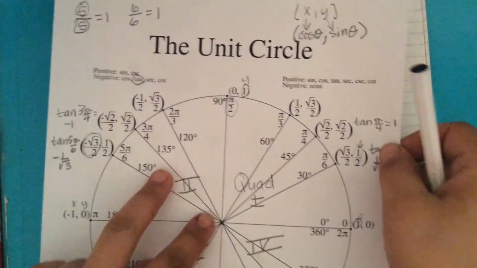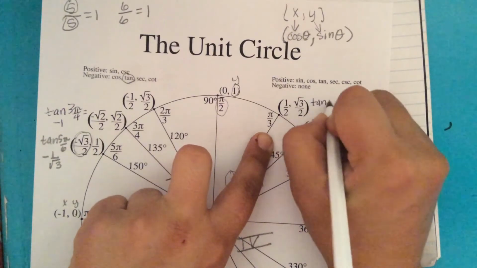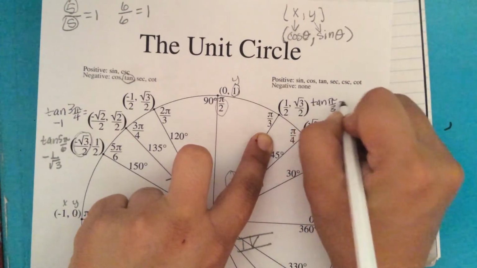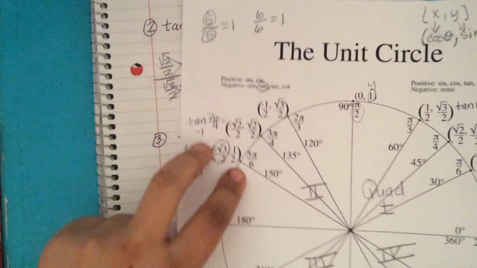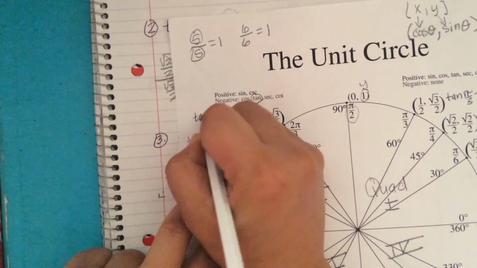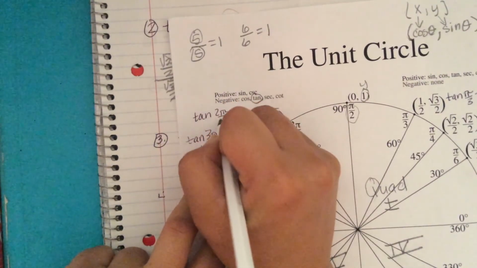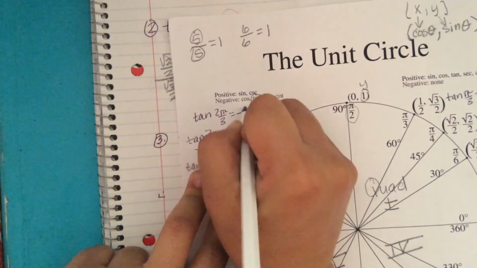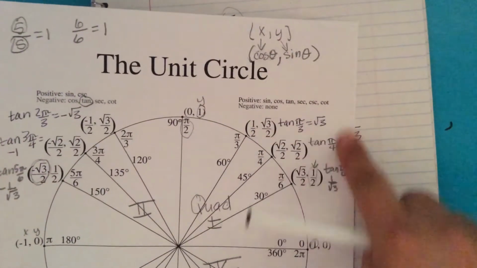So you're going to go over here and put that the tangent of pi over 3 is equal to the square root of 3. And then over here, you're going to do the tangent of 2 pi over 3. That's going to equal negative square root of 3. And then you can continue to do these two over here. Please make sure that you have those.